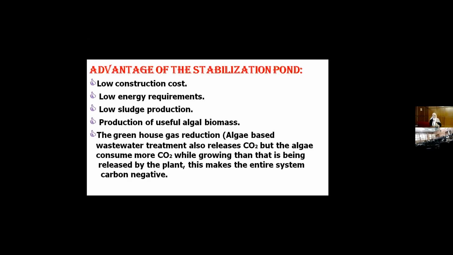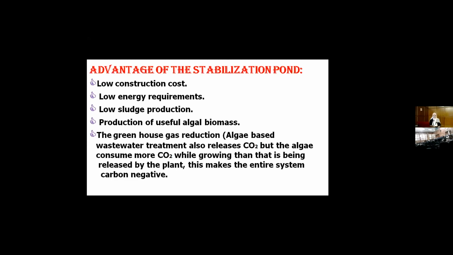The merits of this system are the low construction cost, low energy requirements, low sludge production of useful algal biomass, and greenhouse gas reduction, since algae wastewater treatment produces carbon dioxide, but it also consumes a lot of carbon dioxide in photosynthesis.